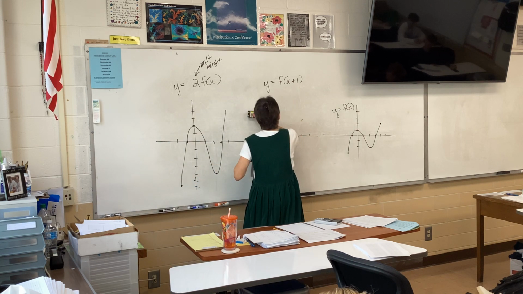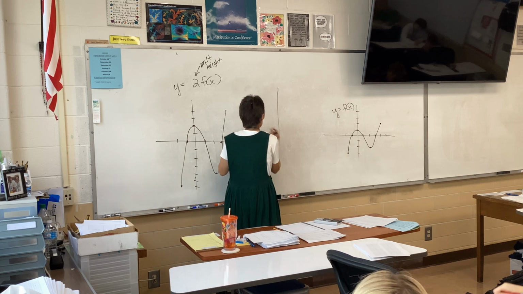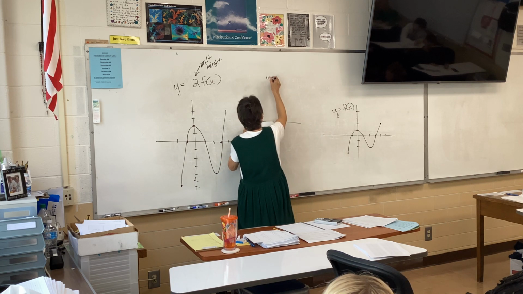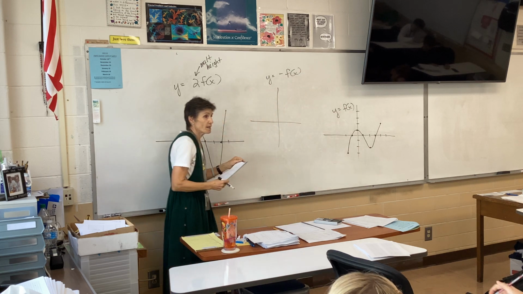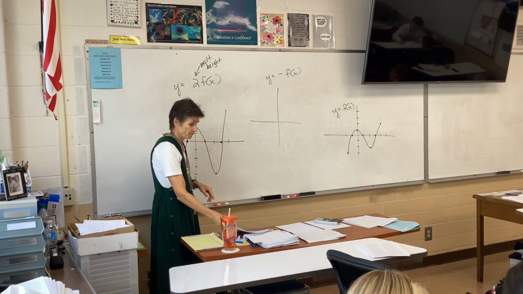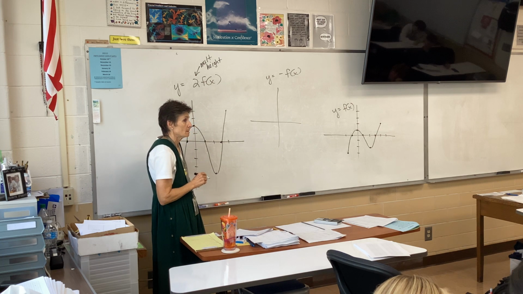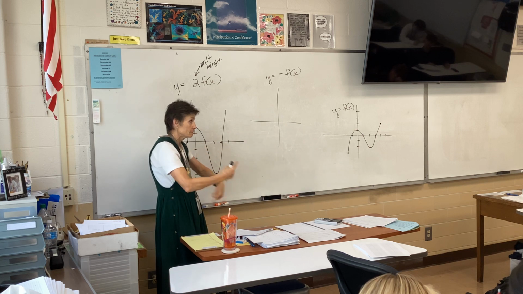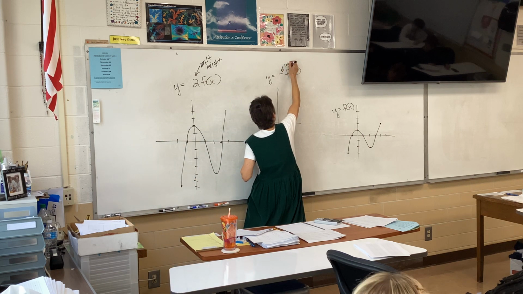All right. Still using that picture. What do you think is going on here? What change is that making? Upside down. The negative out in front is an upside down.